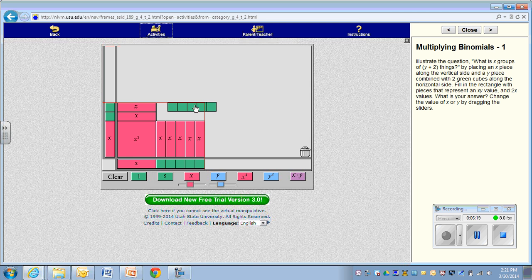We did that before. 5 times 2 is 10. So I need my 10 ones. So the answer to x plus 5 times x plus 2 is x squared, just one of those, plus 7 x's altogether, plus 10. X squared plus 7x plus 10.